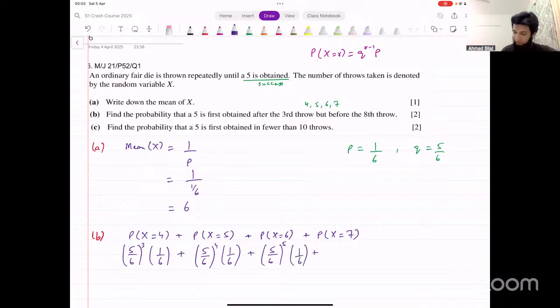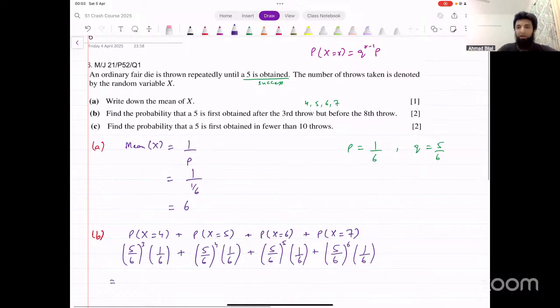And then finally, 5 over 6 raised to power 6 into 1 over 6. You have to show this working. You can't write down the answer directly. This working is important if you do it this way. And that should give you the result.